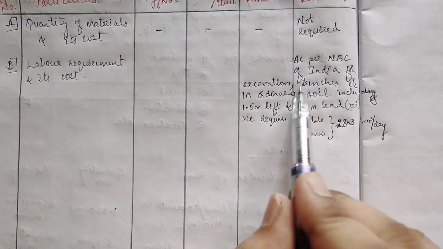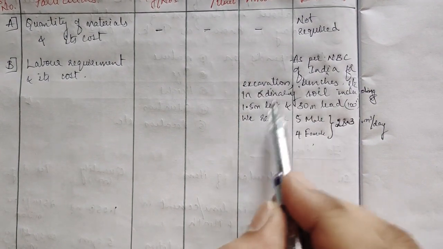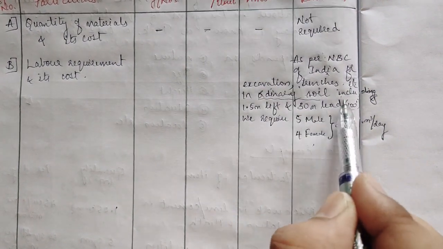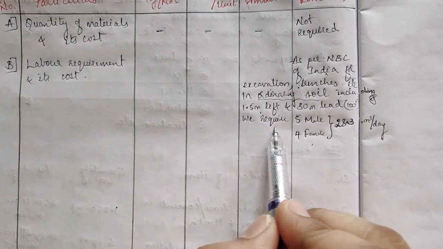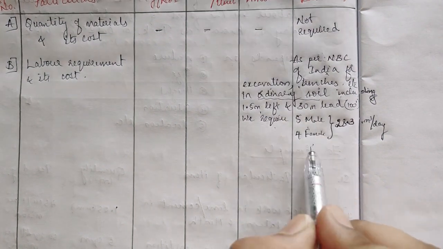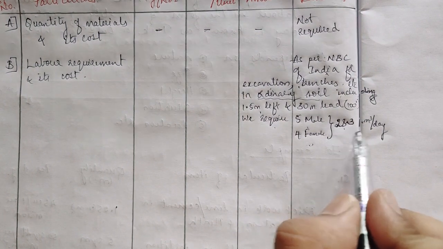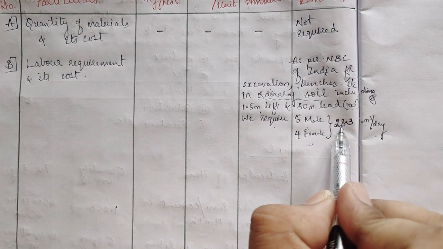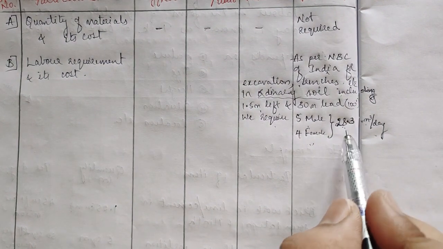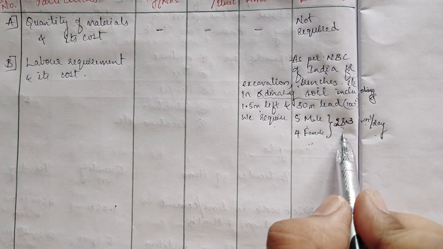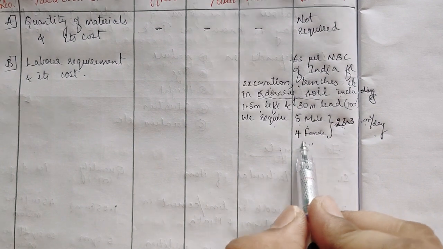As per NBC of India, for excavation of trenches etc. in ordinary soil, including 1.5 meter lift and 30 meter lead, we require 5 male mazdoors and 4 female mazdoors. Total work is 28.3 meter cube per day. It is the total work for a day. For this quantity of work we require 5 male and 4 female mazdoor.